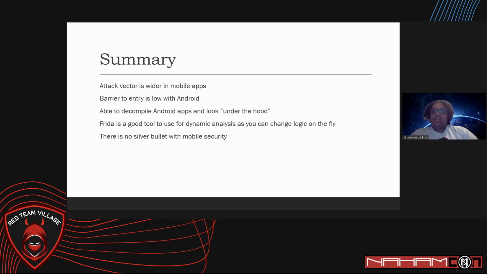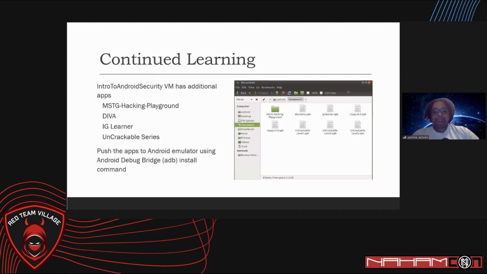Also, there's no silver bullet with mobile security. What works on one Android device will not work on another because, due to interoperability issues, there might be custom code in one that's not in the other. So you should really treat every Android device on a case-by-case basis.